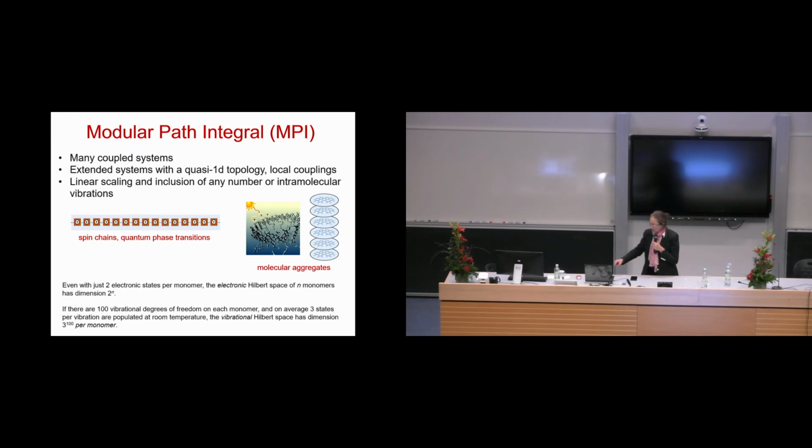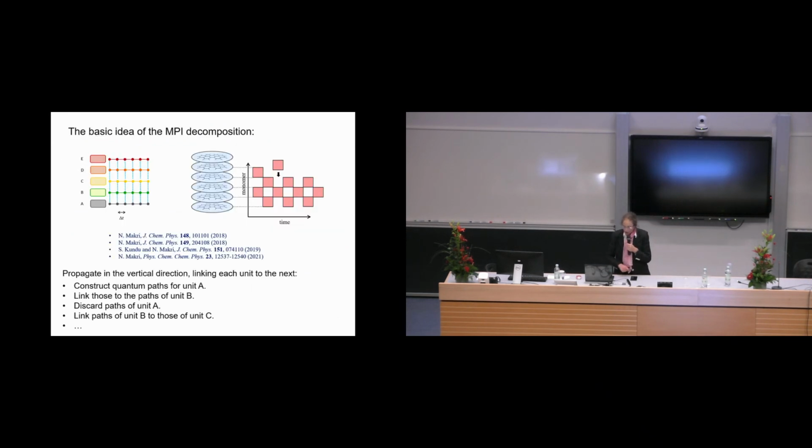And what we do in this case is we write the path integral, and we connect the variables, we evaluate it along the direction of the aggregate. So we get linear scaling with the number of units. Again, I'm not going to tell you much detail here, because I have talked about these methods before, and I would like to tell you now how we apply these to learn the intricate details of energy transfer in molecular aggregates.